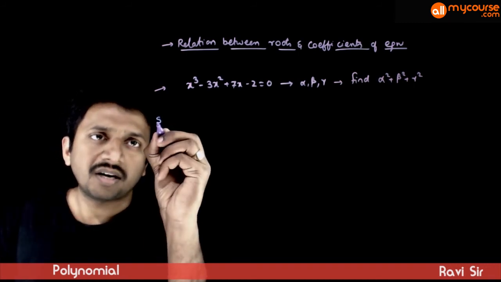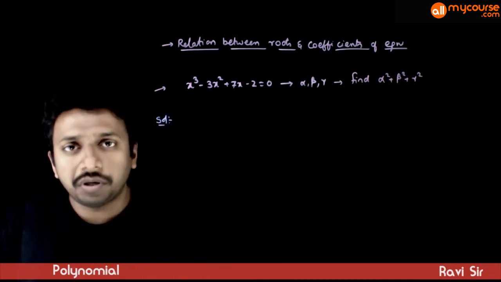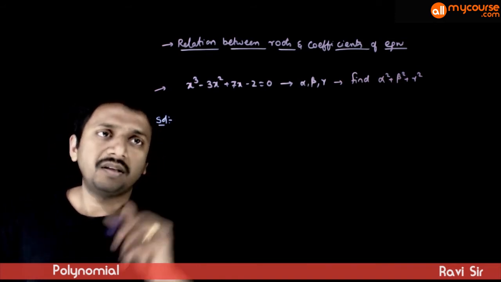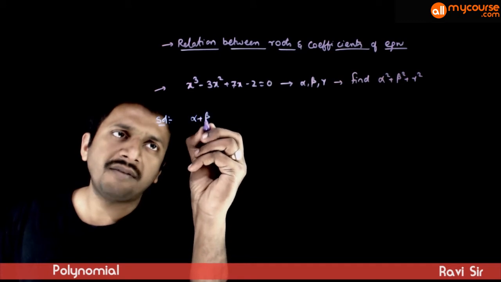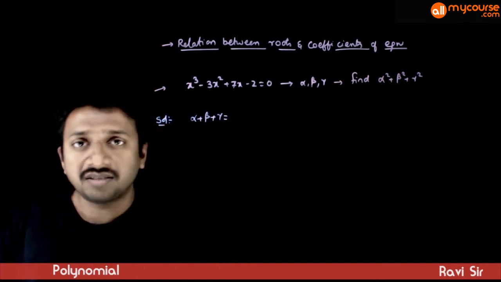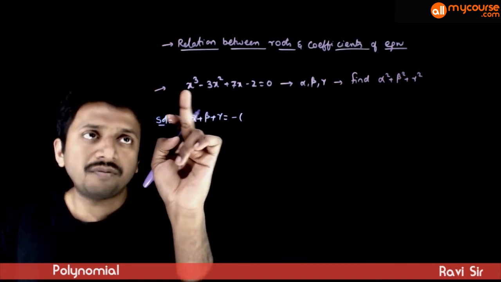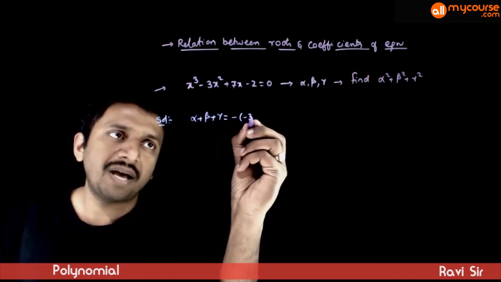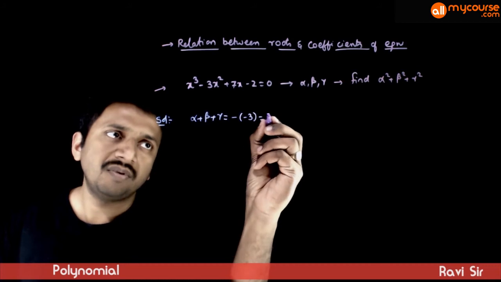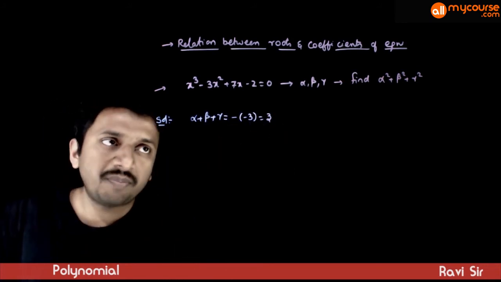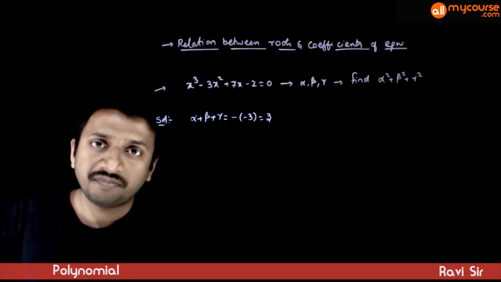Let us write the relations that we know between alpha, beta and gamma. The sum of alpha, beta and gamma is equal to minus of second coefficient by the leading coefficient, that is minus of minus 3 by 1, which is equal to 3. So alpha plus beta plus gamma is equal to 3.